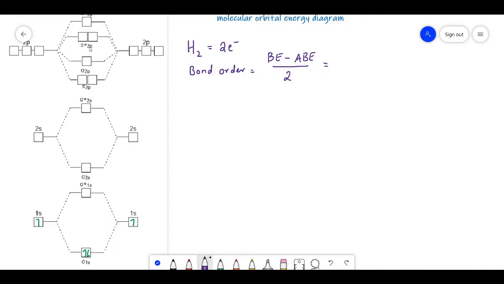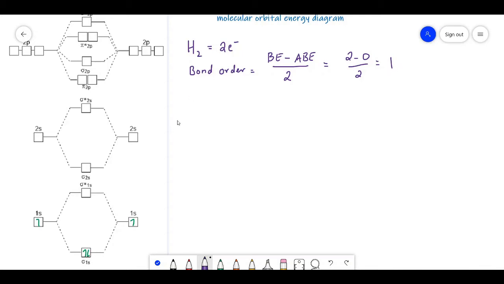Whenever you see a star, it is anti-bonding. So here bonding electrons are 2 and anti-bonding electrons are 0. So 2 minus 0 by 2 is equal to 1. So it has a bond order of 1.